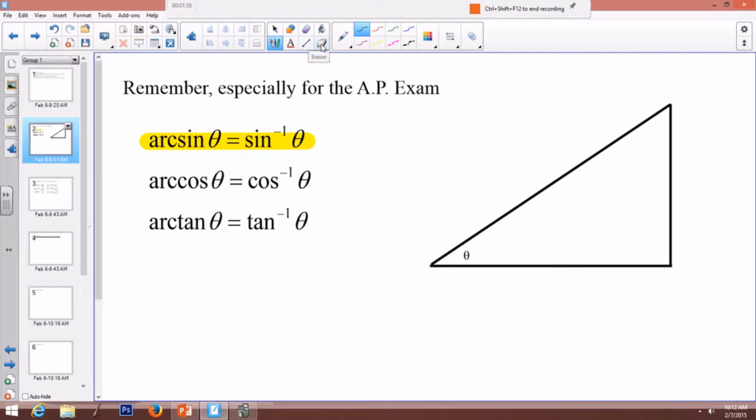But what this really does is it says, remember sine is opposite over hypotenuse, so if I say x here and h here, then the arcsine of whatever the ratio of x to h is, that is going to return an angle measure.